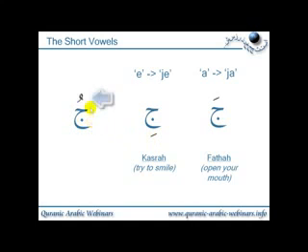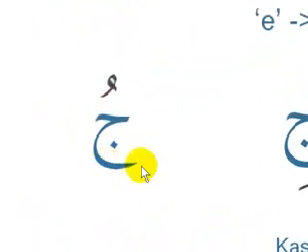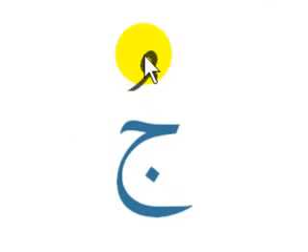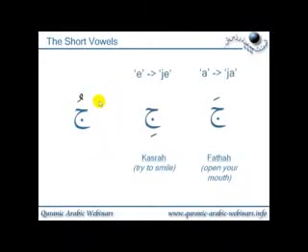The third short vowel marking is this small sign which we've drawn above the letter Jim. It's a small loop with a tail going down, and it looks like a small vowel, but it's actually a short vowel. It gives the sound oo to a letter, so Jim with this small symbol becomes Ju.